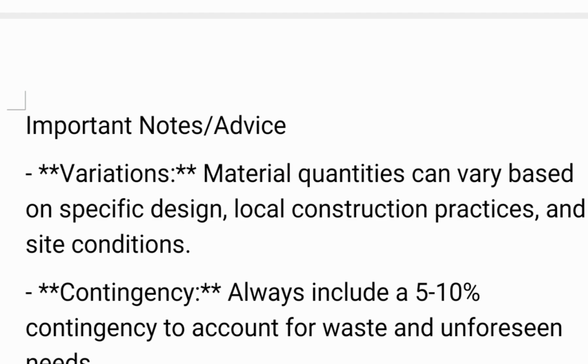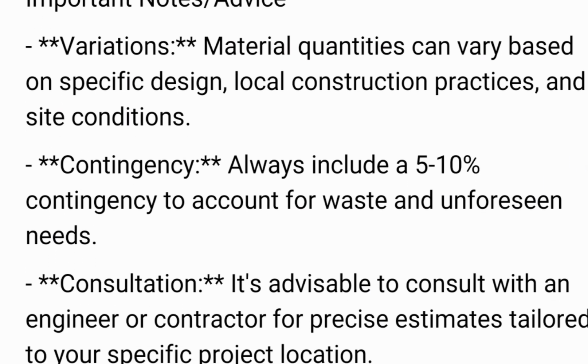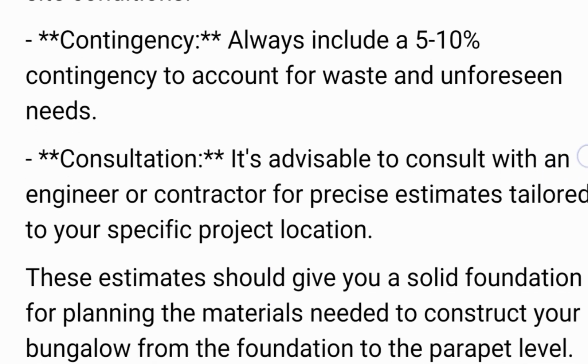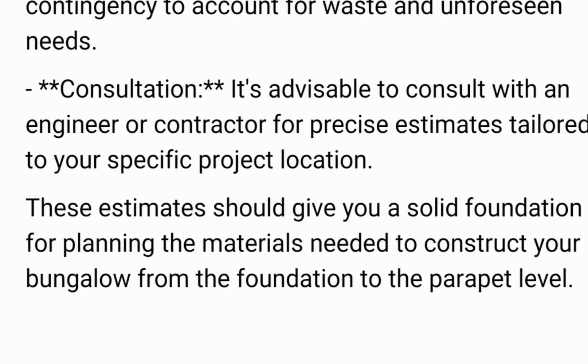All right. So my advice is that material quantity can vary based on specific design, local construction practices, and site condition. Always include up to 5 to 10% contingency to account for waste and unforeseen needs. And don't forget to always consult with an engineer or contractor for precise estimates tailored to your specific project location.